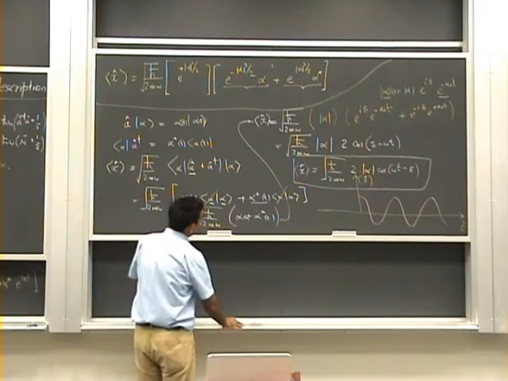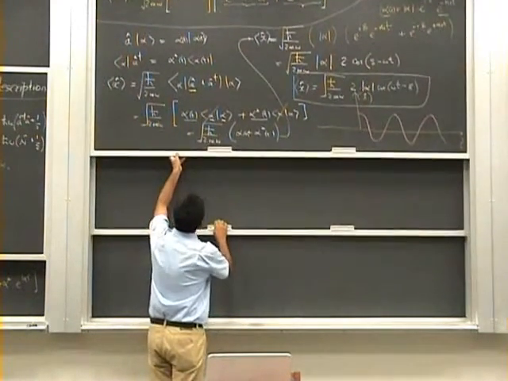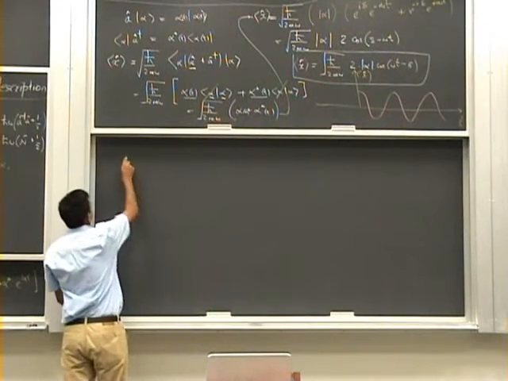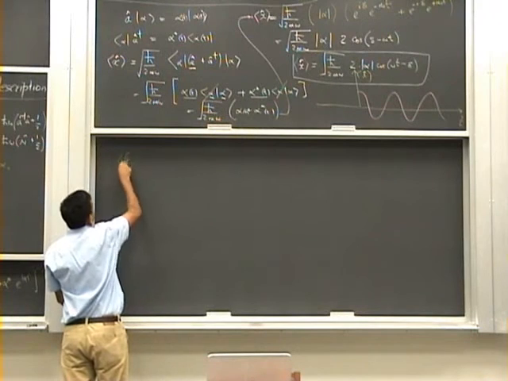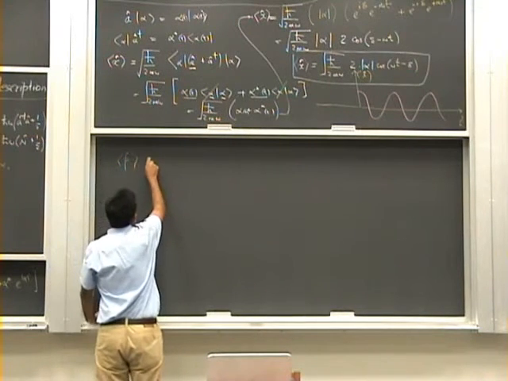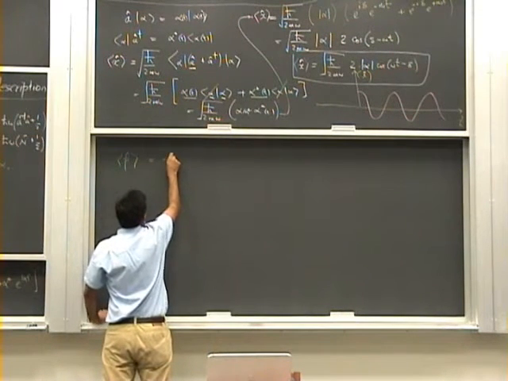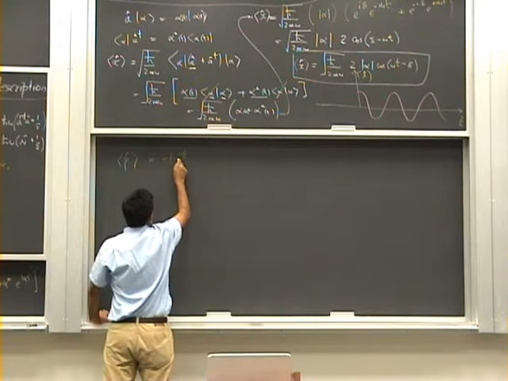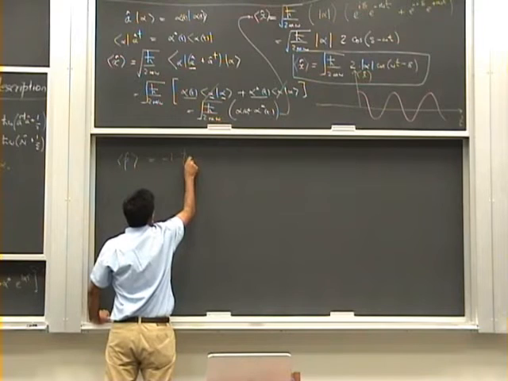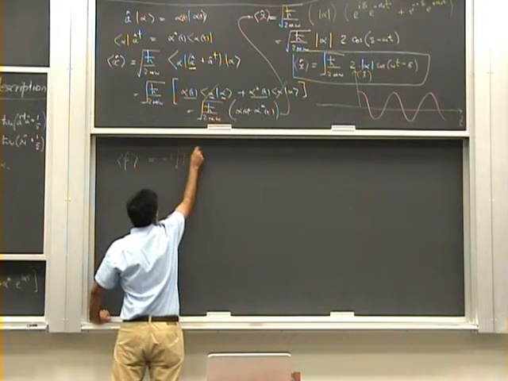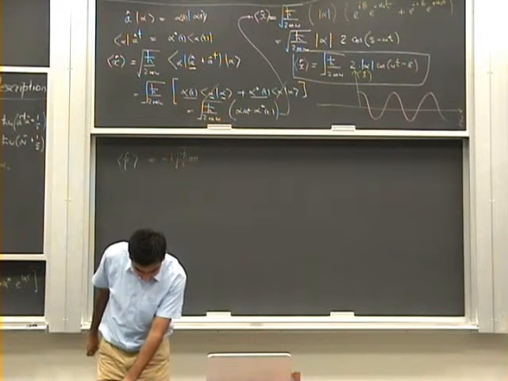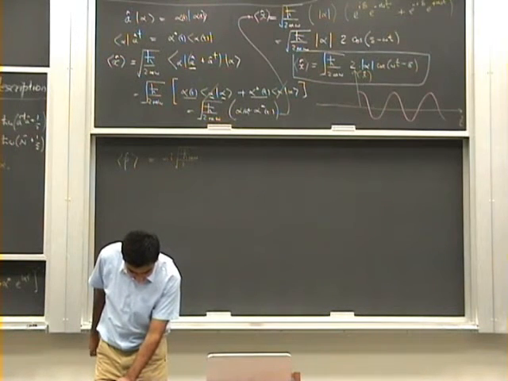Likewise, we can determine the expectation value of the momentum. To perform a similar calculation, the momentum operator is minus i ħ times a factor of 2mω, right? This is the momentum operator, proportional to a minus a dagger.